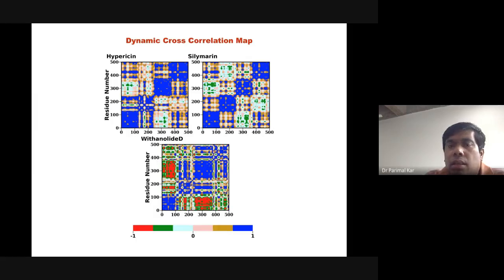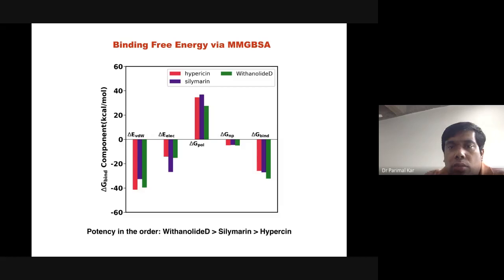That means a lot of anti-correlated motions are also generated. Then, from the study, you see that ethanolyte has better binding energy than the other 2, hypericin and silimarin, these 2 natural compounds. So that means ethanolyte could also be a potential drug candidate.